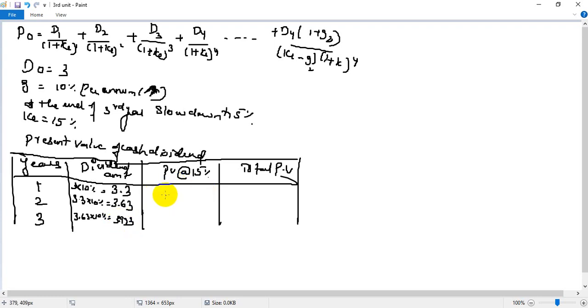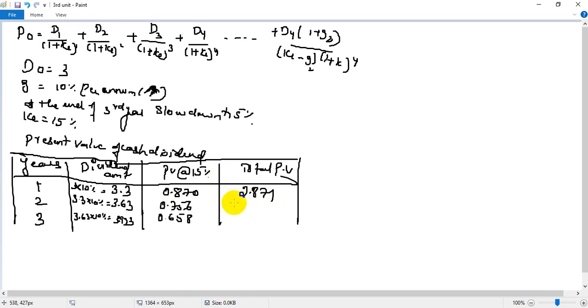Now present value we need to check out in the A3 table. At 15%, 0.870, 0.756, 0.658. If you multiply these, this is how you do the NPV problems. Here it will be 3.3 into 0.870, it will be 2.871.